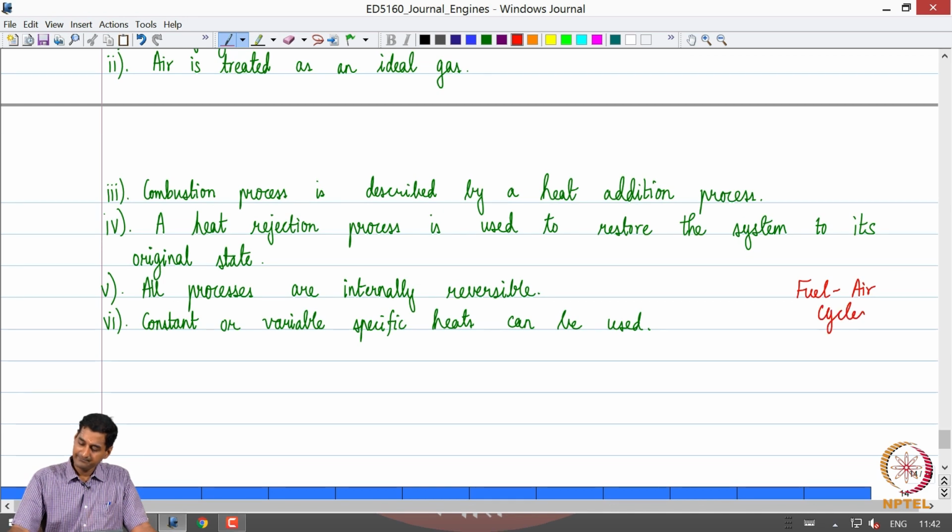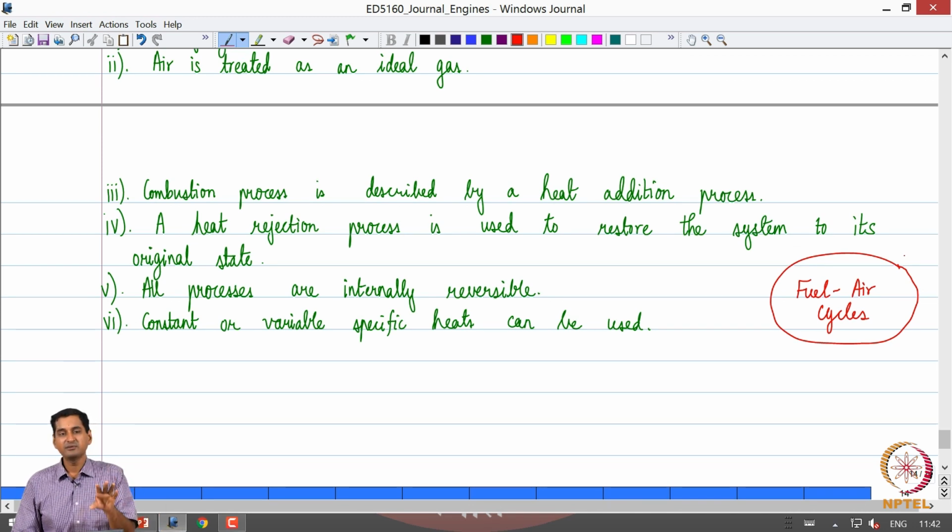Suppose we consider the working fluid to be both fuel and air, and we want to analyze the effect of this mixture on engine performance, then we need to analyze engines using what are called fuel air cycles. Okay. So, in this course we shall consider only air standard cycles.